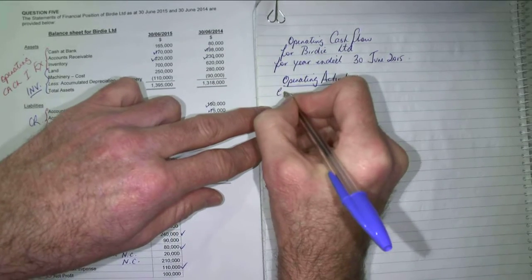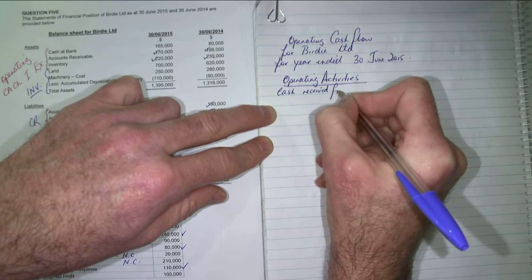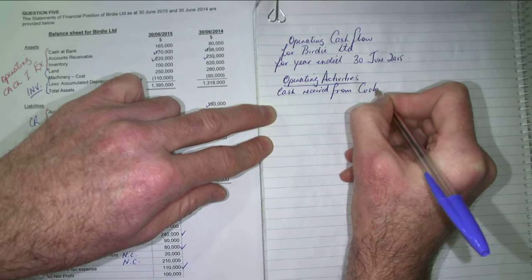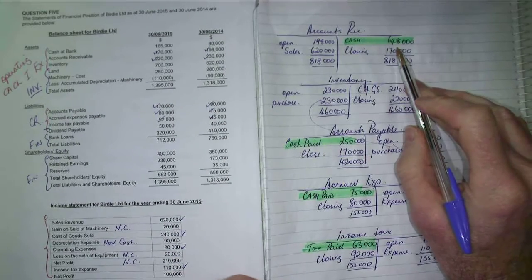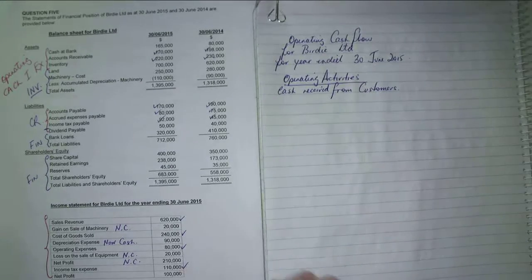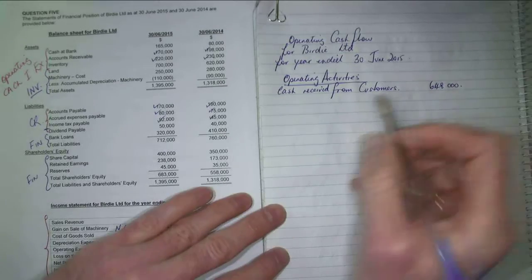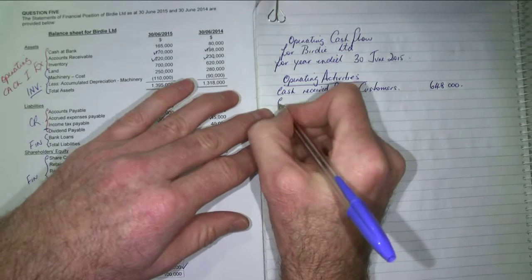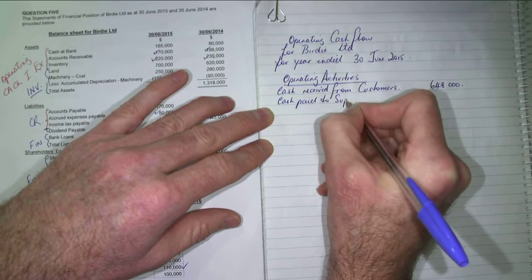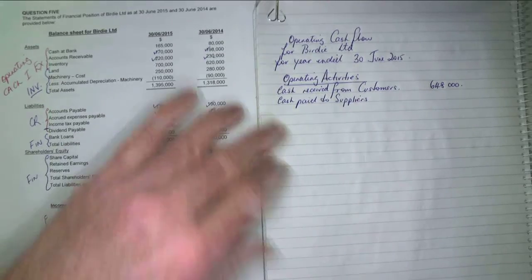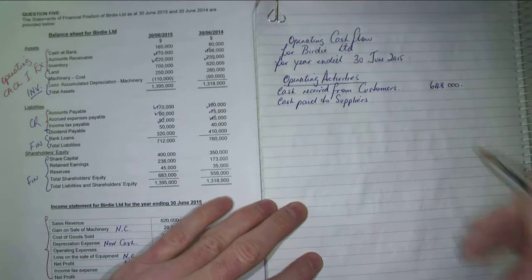And cash received from customers. And my cash received from my customers was $648,000. So I've got 648. Next thing I'm looking for is my cash paid to suppliers. My cash paid to my suppliers was $250,000. So I've got 250.